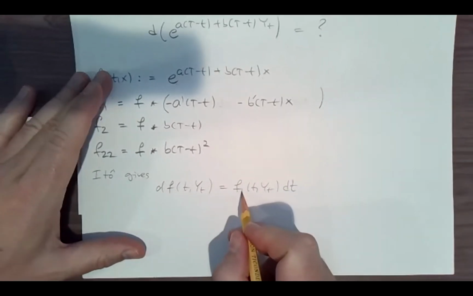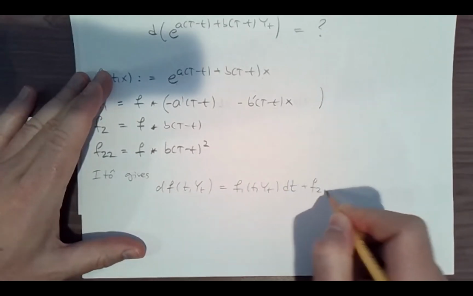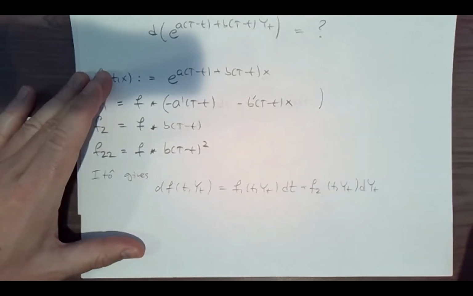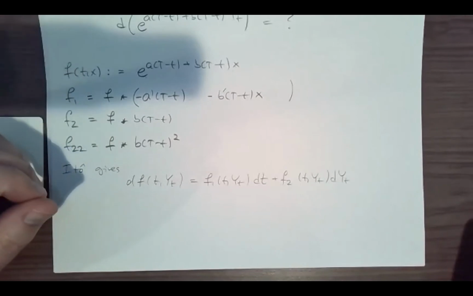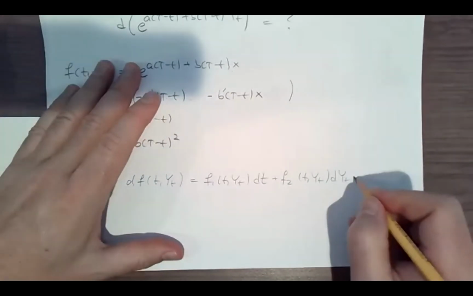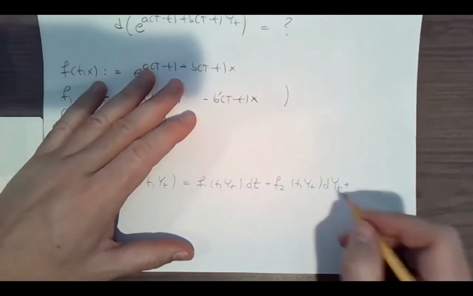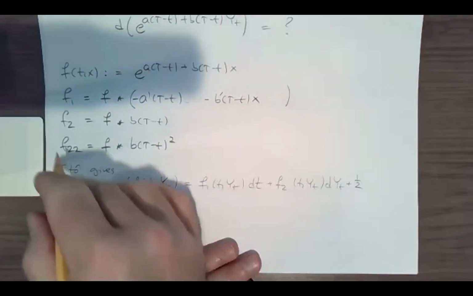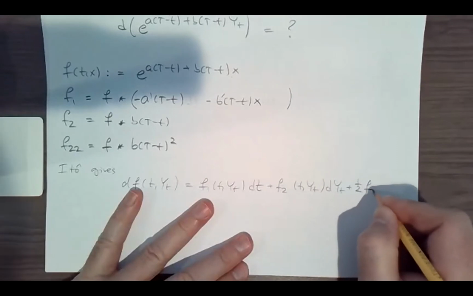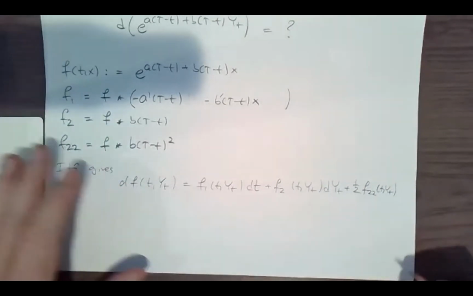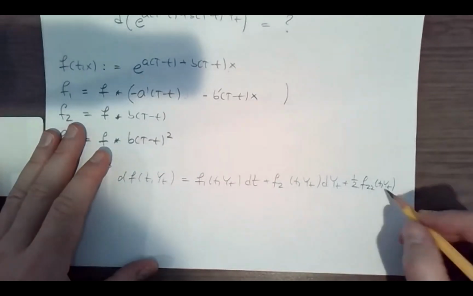And then when I take the derivative with respect to the second one, f2(t, Yt), and then I need dYt. And then we need the new term because there's quadratic variation in Y, so I need 1/2, and then the second derivative, f22(t, Yt), and then the quadratic variation of Y.